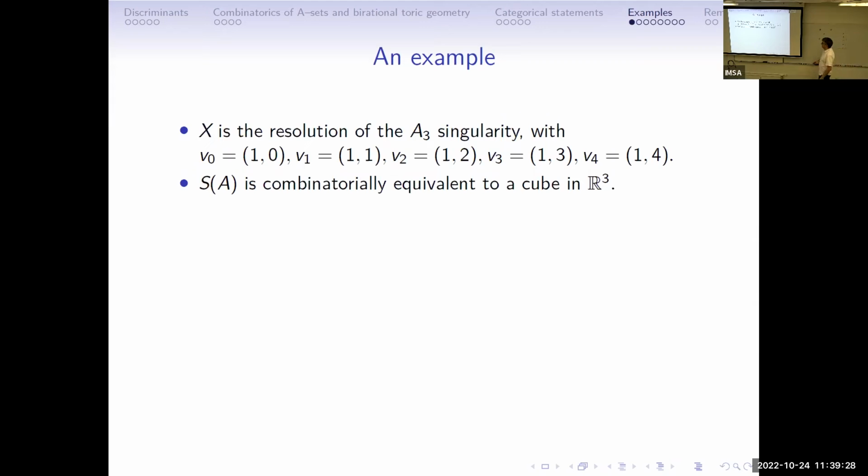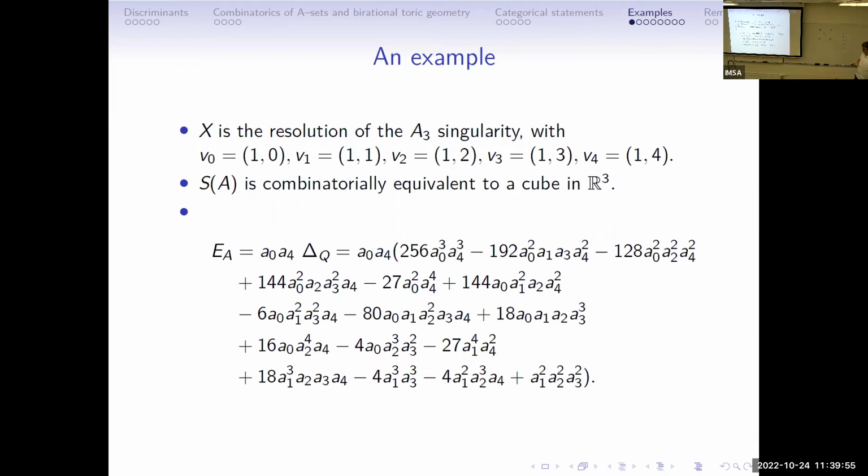And it turns out this is a known story, that the secondary polytope is combinatorially equivalent to a cube in R3. Not obvious, but basically you want to understand how many ways you can triangulate, and what the meaning of the faces of the cube is. That can be done very precisely. And I'll remind you, I already wrote this, that this delta Q is exactly the formula that was presented in the beginning.